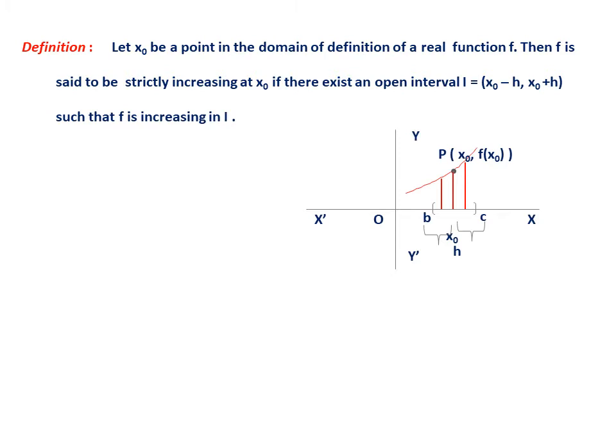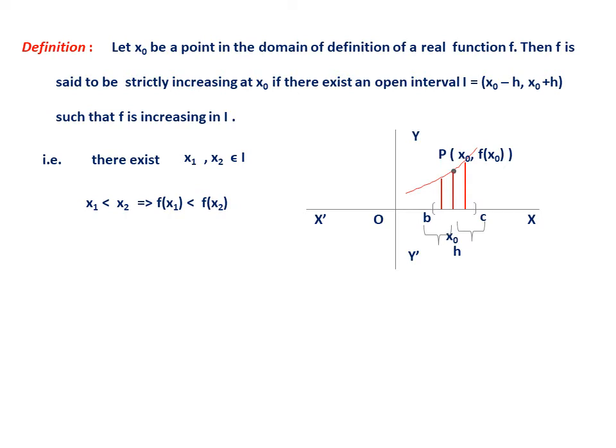What is B? It is x0 minus h. What is C? It is x0 plus h. Now in that interval, whatever values x1 and x2 you take, such that x1 is left of x0 and x2 is right of x0, there exist x1, x2 in I such that x1 less than x2 implies f of x1 is less than f of x2.